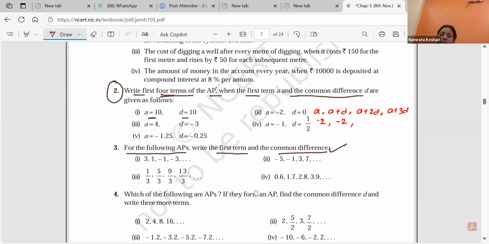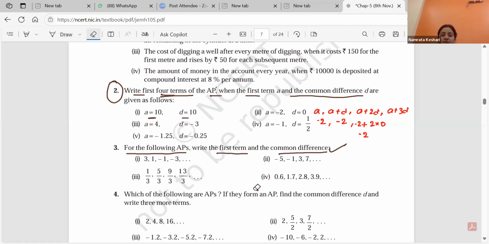If I add 2 into 0 to minus 2, again it will be just minus 2, because BODMAS says first do the multiplication. Once you do the multiplication, it will just be 0. 0 added to minus 2 is just minus 2. Getting it? Yes. So you will keep on getting minus 2.